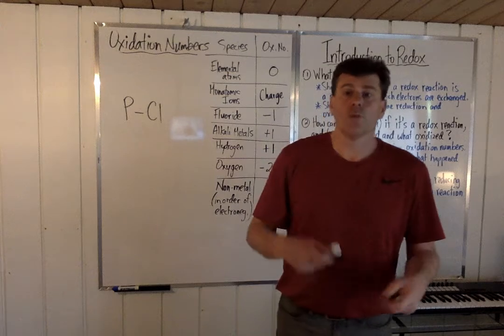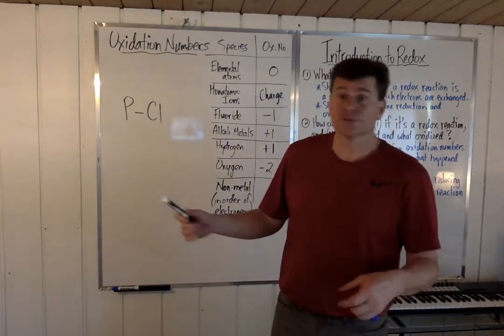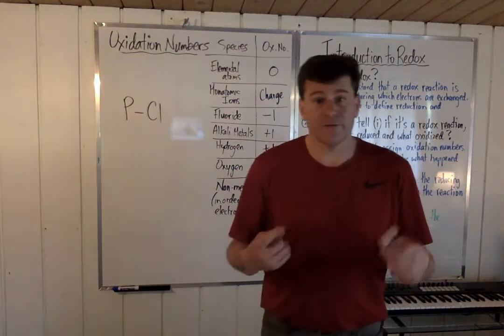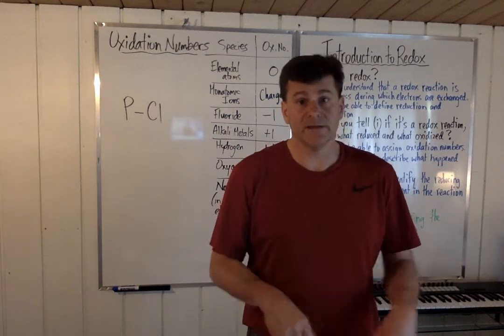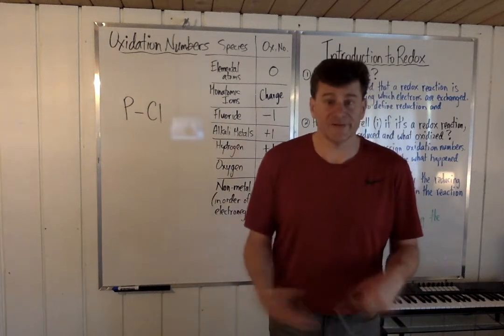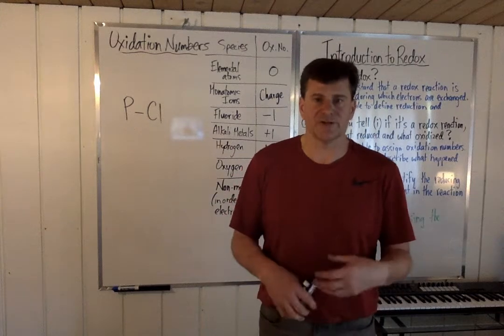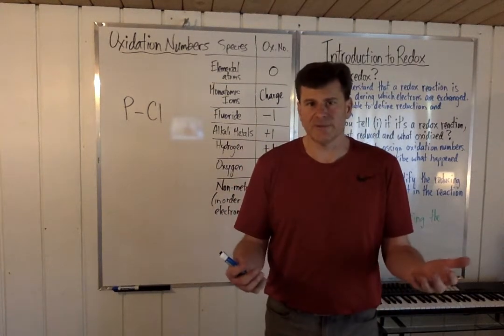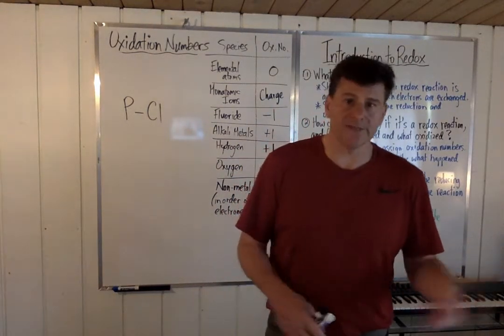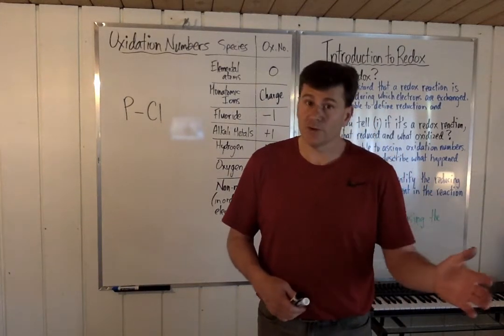And so where on the periodic table are these two relative to each other? Chlorine is further up and to the right of phosphorus, and so it has higher electronegativity than phosphorus. So that's the general rule of thumb. I guess the real rule of thumb is to look at the electronegativities. But if you're just looking at a periodic table, up and to the right is the highest electronegativity. Of course, you're ignoring the noble gases.